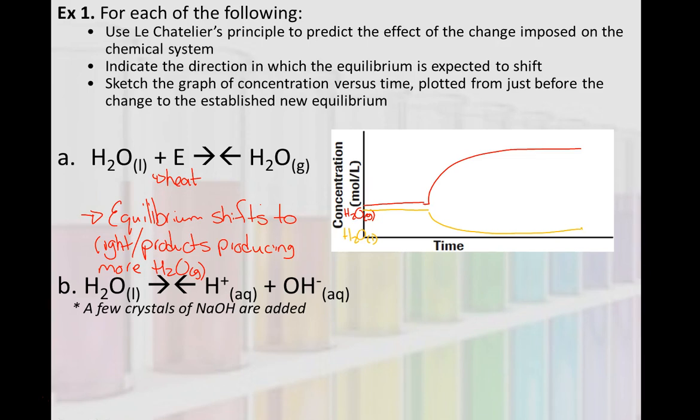Okay, so the next one, I have water, which automatically, just in my water bottle, is breaking down to produce hydronium ions and hydroxide ions, even though it's just hydrogen ion there. And then I add a whole bunch of sodium hydroxide to my water. How is this system going to respond?